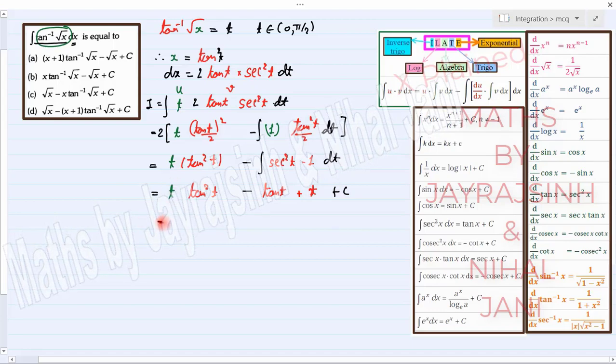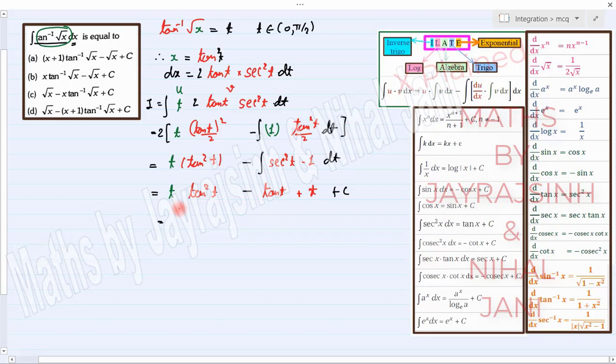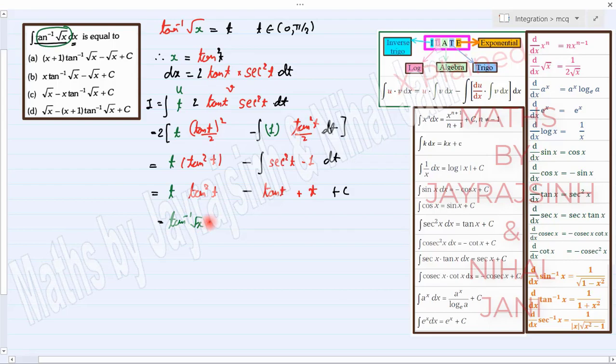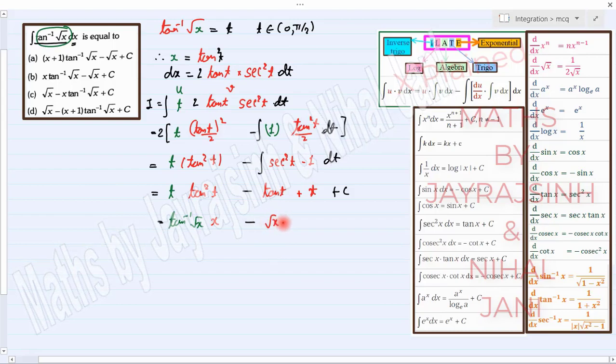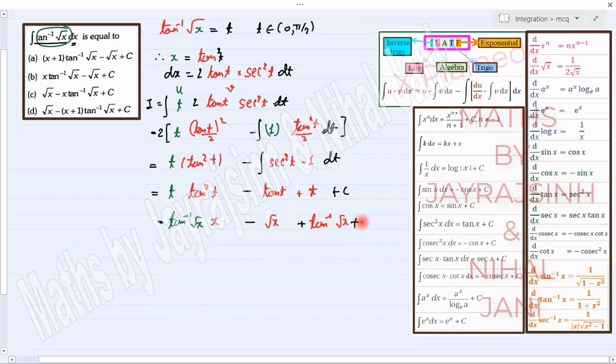And to get the final answer, just substitute the value of t. Your t is simply tan inverse root x. Your tan square t is nothing but x, minus tan t is root x, and your t is tan inverse of root x plus c.